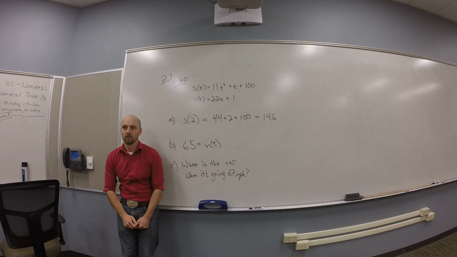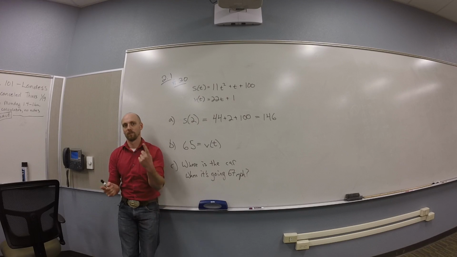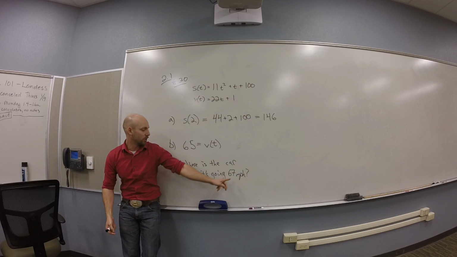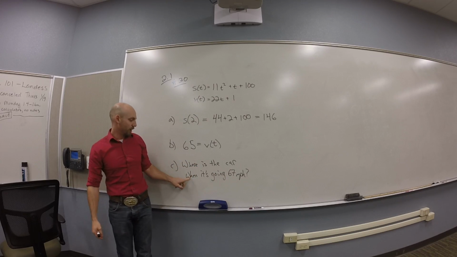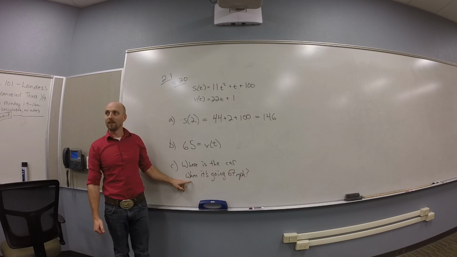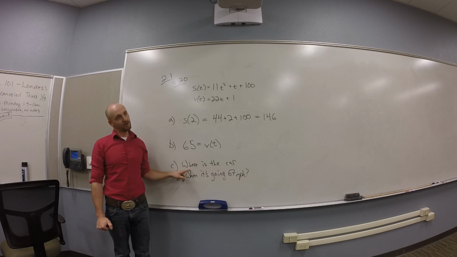You would use 67 as the velocity, then plug that time into the position. First, I need to turn 67 miles per hour into a when. And then I'm going to use the when to figure out the where. You guys cool with that?